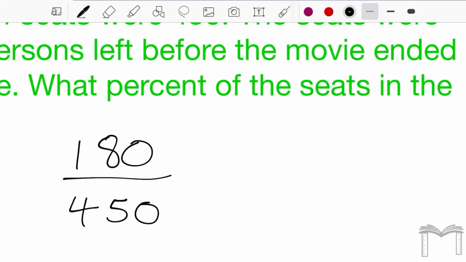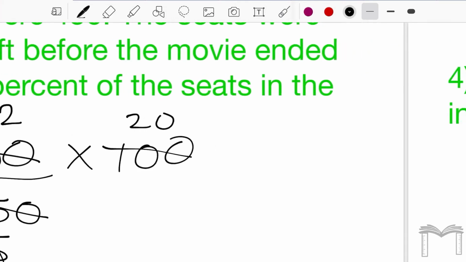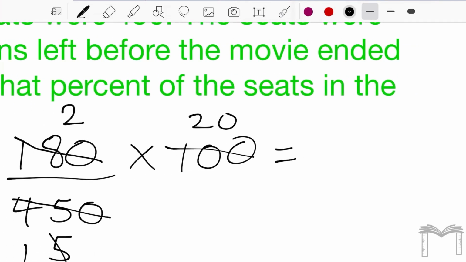So we can multiply by 100 to determine the percent. 90 into 180 is 2, and 90 into 450 is 5. 5 into 5 is 1. 5 into 100 is 20. 2 times 20 is equal to 40. So that's 40%.